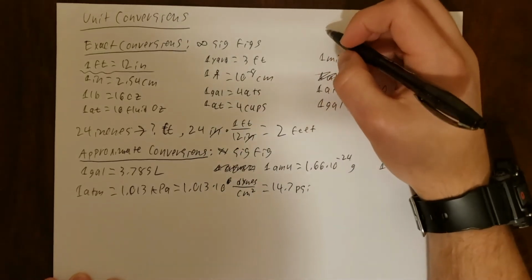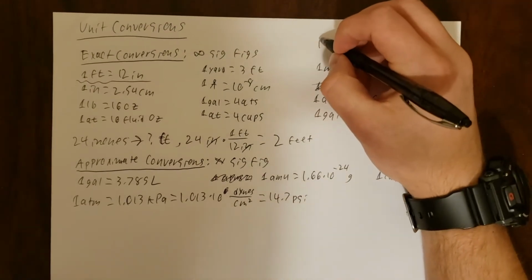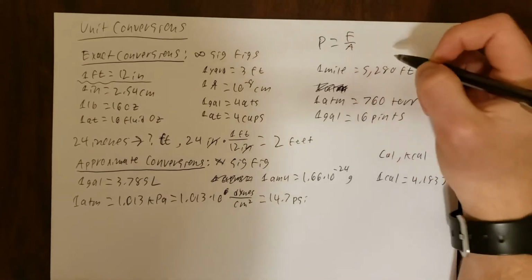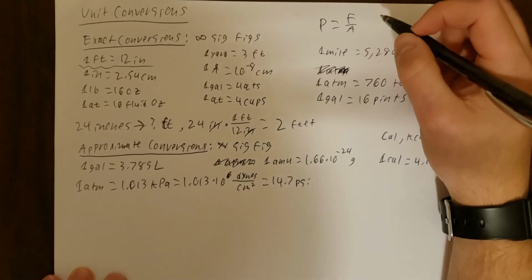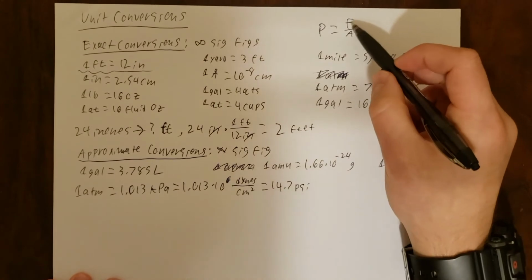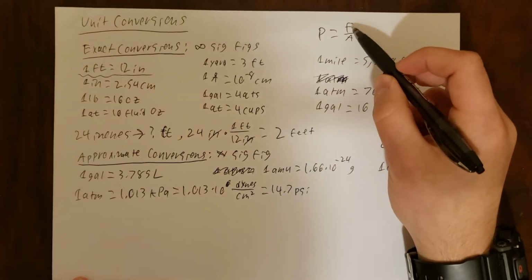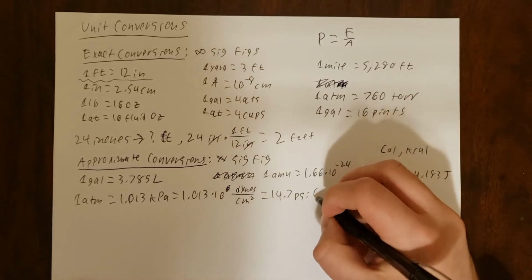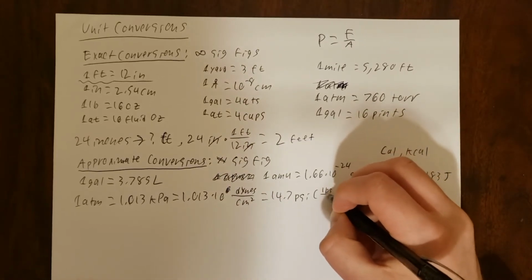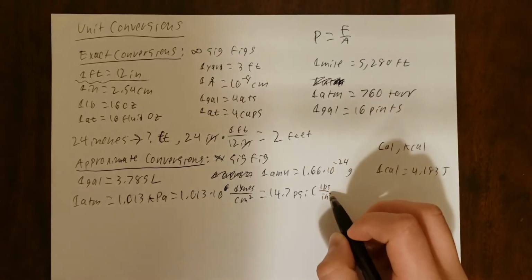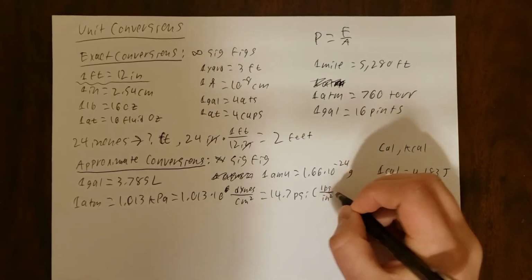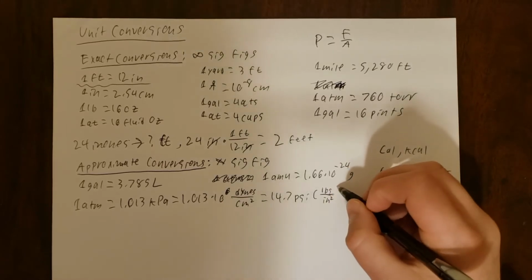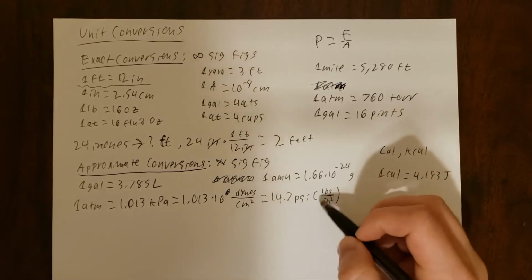Just for reference, pressure is equal to force applied over an area. As many of you know, pounds is actually a measurement of force, not mass. And square inches, area is some sort of length squared. So pounds per square inch is pressure.